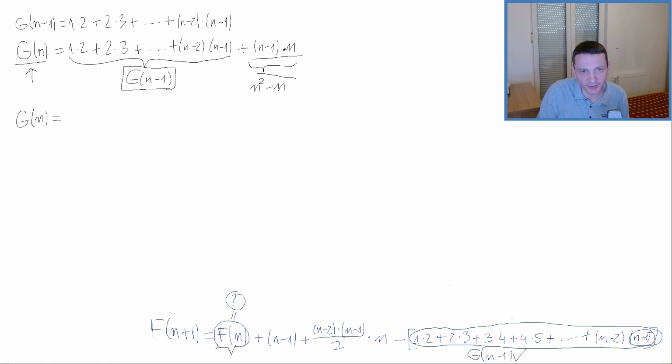So the degree of this polynomial is 2. This is a quadratic function, and we will assume that g of n is a polynomial of degree 3. So we will look at g of n as a polynomial a times n cubed plus b times n squared plus c times n plus d.